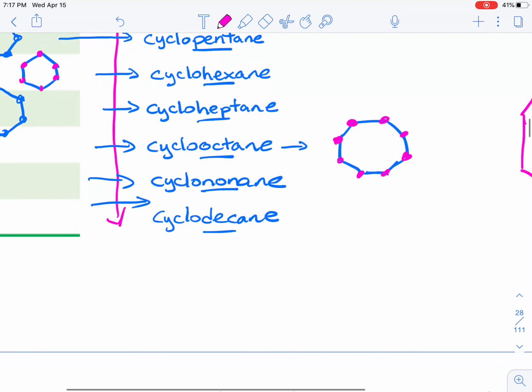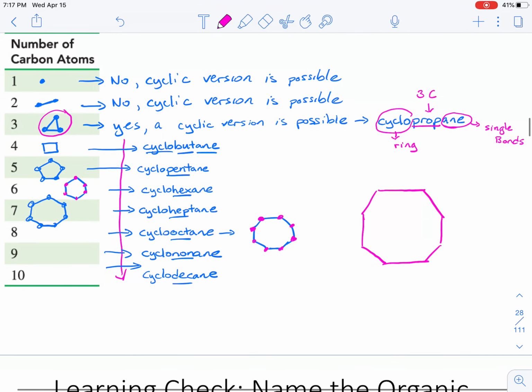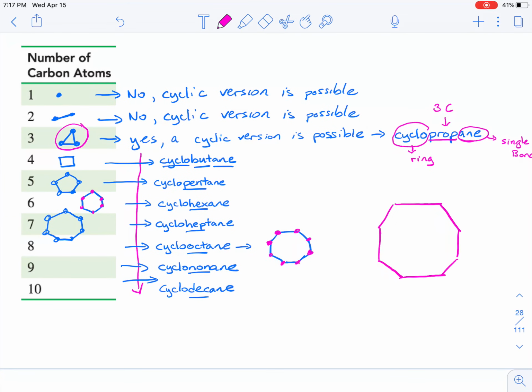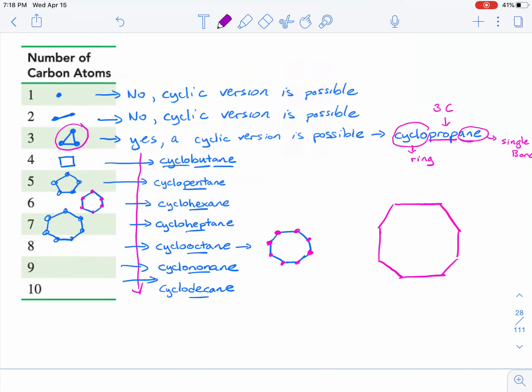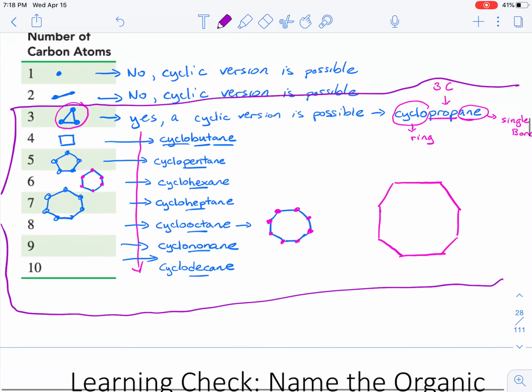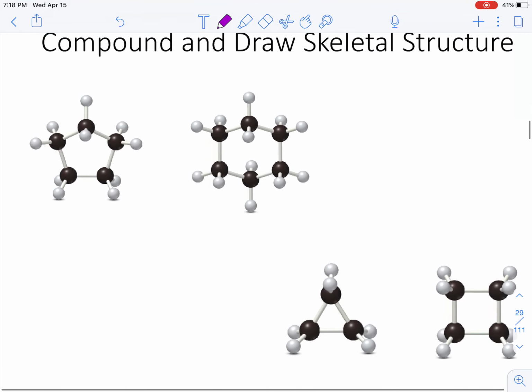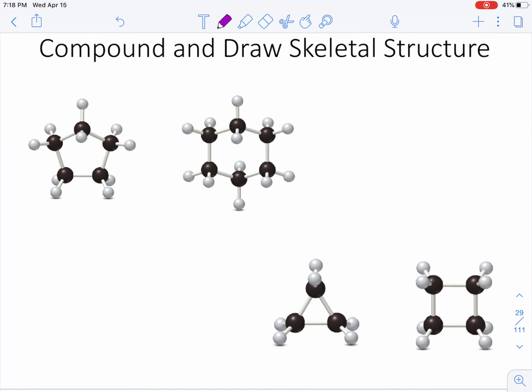And you guys get it for cyclononane and cyclodecane. I'm not going to draw those structures. And so these are all of the possible cyclic compounds, or cyclic alkanes, I apologize. So it's going to start off with cyclopropane. Okay, so anything 3 and up, a cyclic version of that alkane is possible. Okay. All right, so what we're going to do is get some practice naming this.